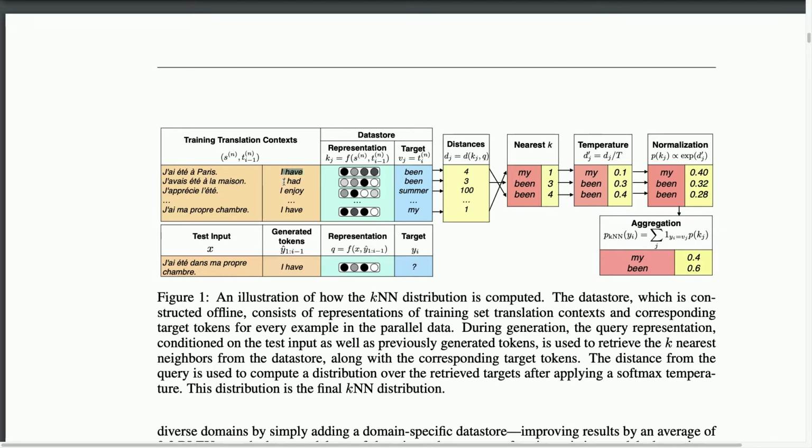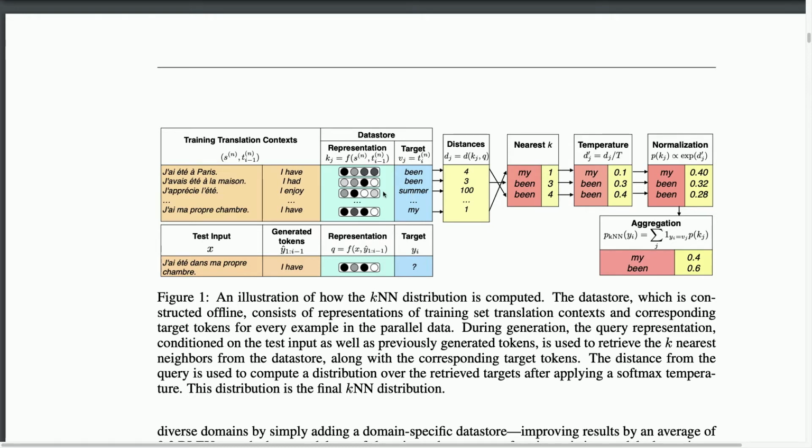Basically, this is computed by passing the source language and the translation context up to the current point, and computing a vector representation for this context. And then you're going to store that representation in a kNN database.